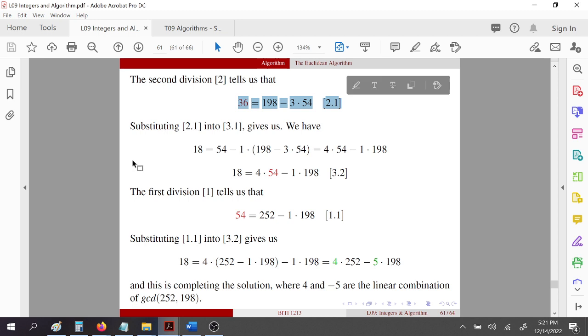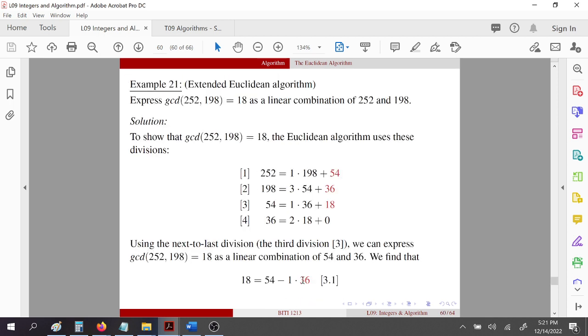Okay, so it's time to mix 2.1 and 3.1. The reason why we mix it is because we want to make the value of the GCD and B inside the equation. As we can see, this equation just shows the B value, right? However, this equation just shows the GCD value, which is 18.